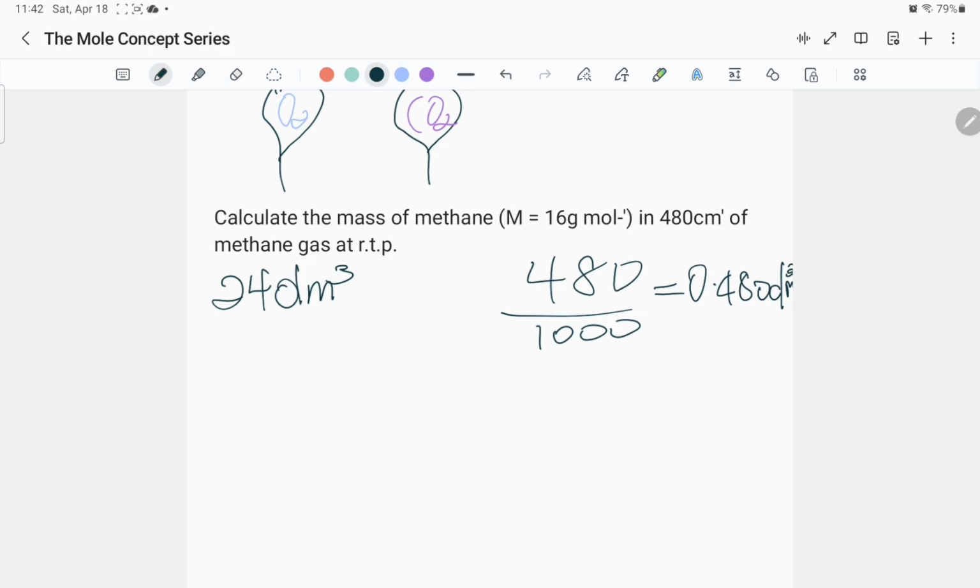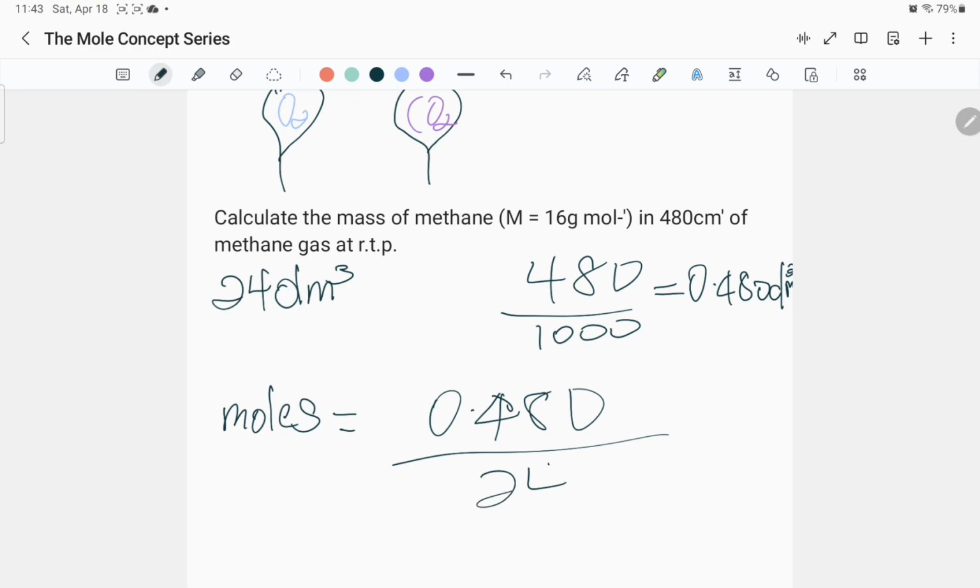Then after we make our conversion, we use the formula to find the mass. Sorry, I take that back. We have to find the moles of the gas first. So we have the molar volume, which is 0.480 divided by 24.